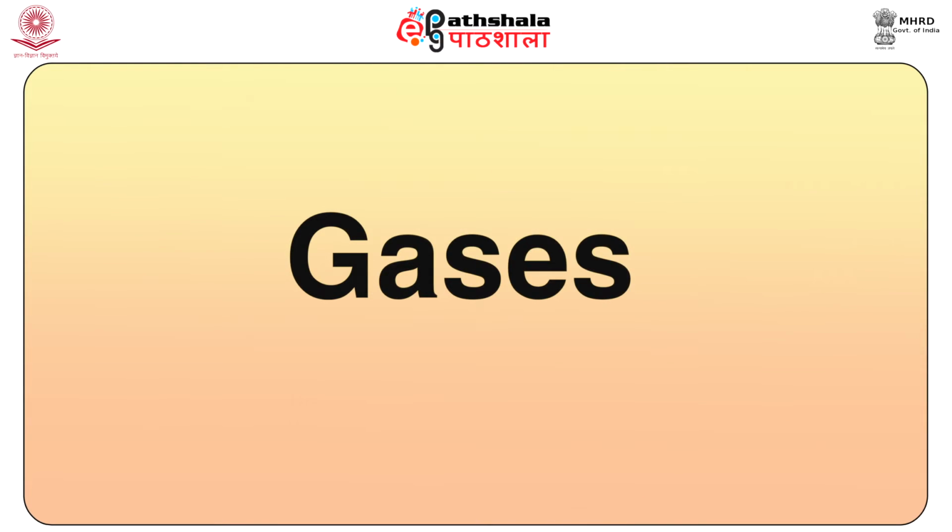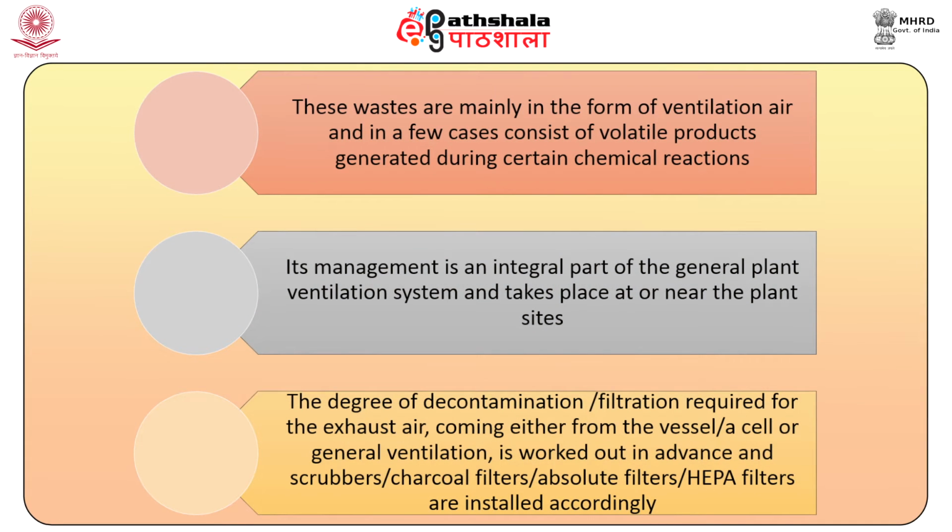Gases. These wastes are mainly in the form of ventilation air, and in few cases consist of volatile products generated during certain chemical reactions. Its management is an integral part of the general plant ventilation system and takes place at or near the plant sites.